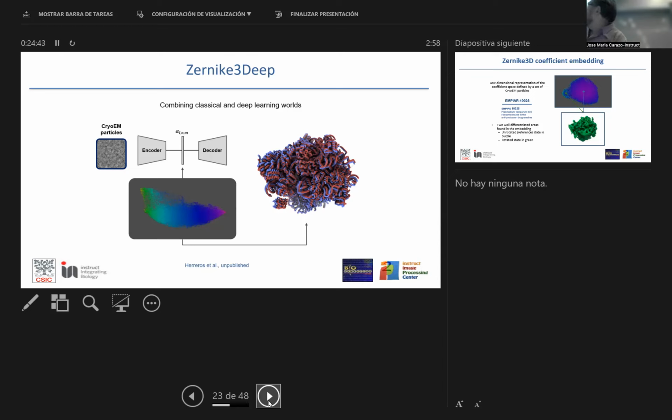We are not going to be able to generate computer simulated images that are similar to the experimental images. So this is the way to force that this latent layer really computes the coefficients of the Zernike 3D basis. We say Zernike 3D is a mixture of Zernike polynomials and spherical harmonics.